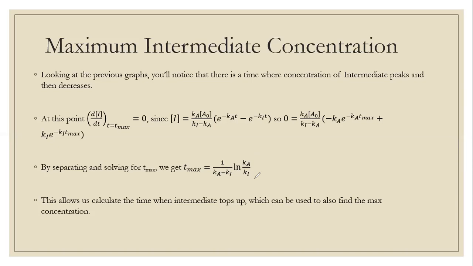If Ki is bigger than Ka, you're getting a negative number, but you're also dividing by a smaller, negative number. So we can figure out that time difference.